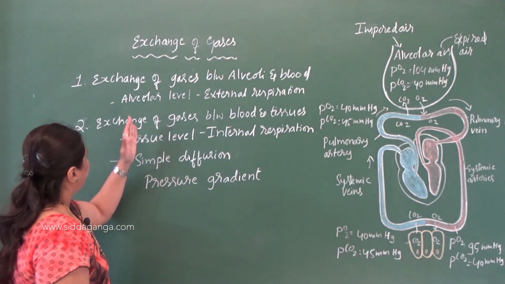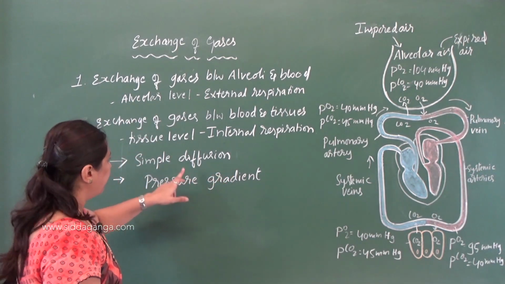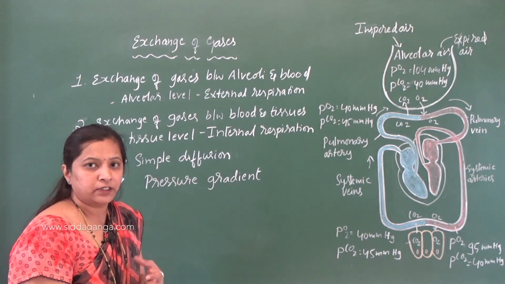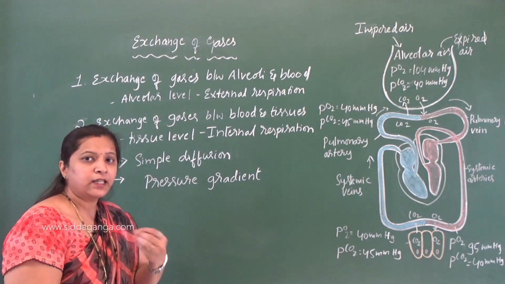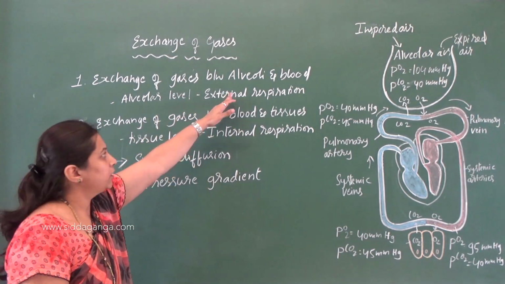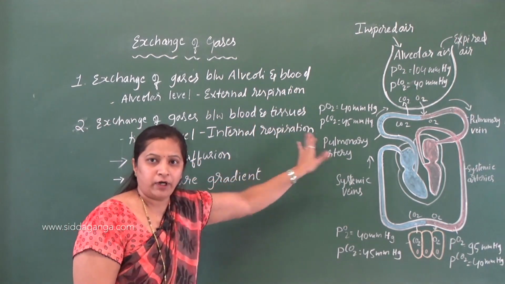So the exchange of gases occurs by simple diffusion, and diffusion occurs because of difference in the partial pressure. This difference in the partial pressure causes the diffusion of gases between the alveoli and the blood, and between the blood and the body tissues.